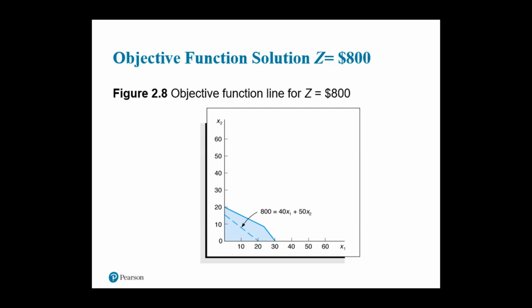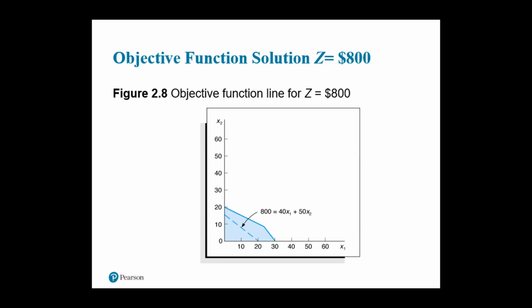If we get a larger profit margin, it will take us outside. Now, suppose that we are taking this profit line the way it is, shifting it outside the feasible region, which will be the last point that it will touch.